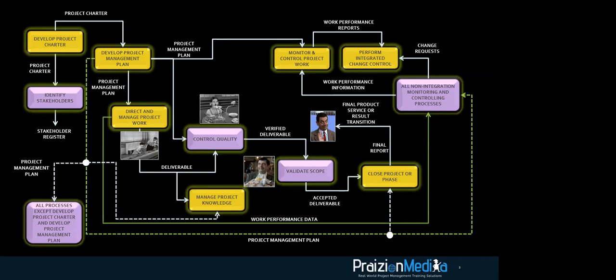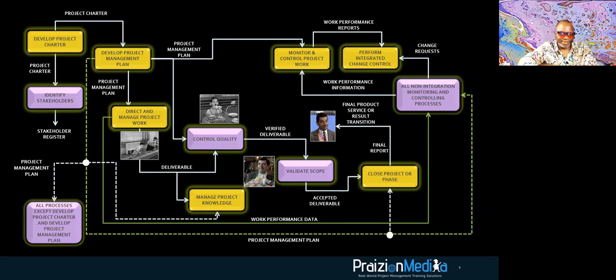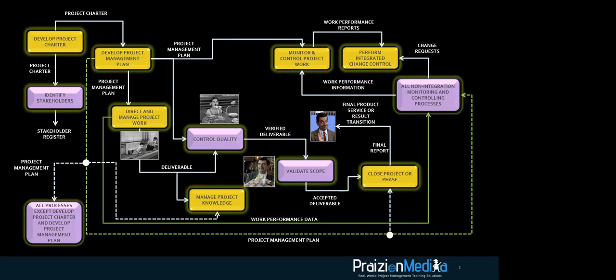I think you said that the WPD was raw data, and then you get the work performance information, which is the data that you analyze. Good. And WPR is when you create a report for a particular audience, whether it be high-level folks who need information captured in a certain way or presented to them in a certain way, or another group.